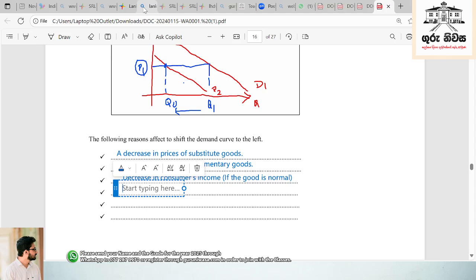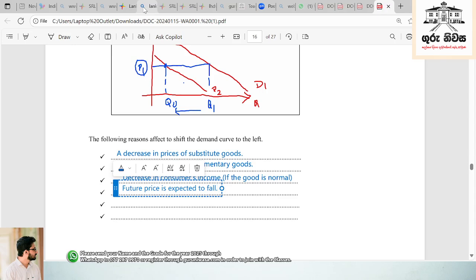It means today the demand for cars is reducing, causing the demand curve to shift to the left side. Write down: future price is expected to fall. Then consumers will postpone. Why?